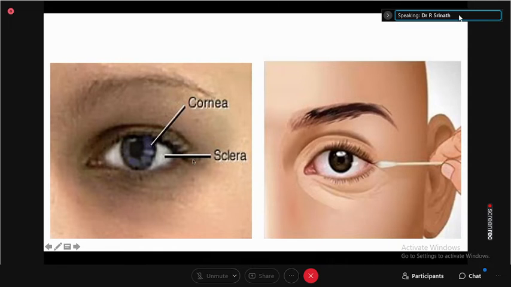This is the entire cornea, this is the pupillary area, so it should be touched in the peripheral aspect, and both eyes should blink. The afferent is the fifth cranial nerve, the efferent is the seventh cranial nerve. The conjunctival reflex is similar in terms of pathway, but in the conjunctival reflex you touch the bulbar conjunctiva, the part on the sclera.